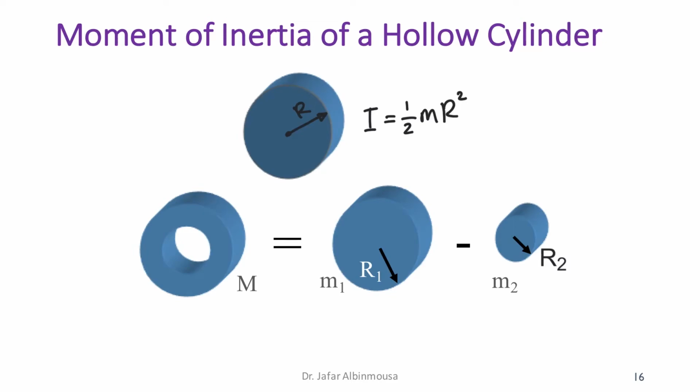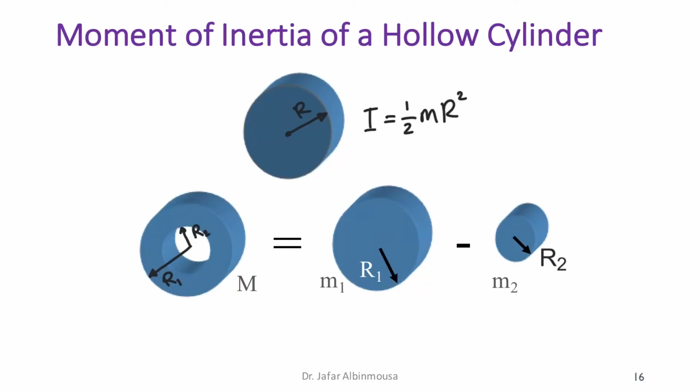cylinder. Now, let's assume that we have this hollow cylinder with a capital mass M and an outer radius r1 and an inner radius r2. So what are we going to do? We will decompose this into one big cylinder and one small, and we will subtract them.